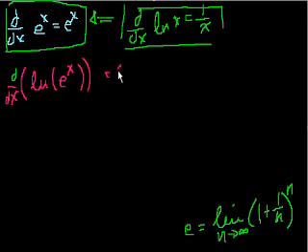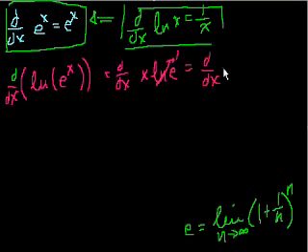So this is equal to the derivative of x ln of e. And this is just saying e to what power is equal to e? Well, to the first power, right? So this just equals the derivative of x, which we have shown is equal to 1. Hopefully we've shown it. If we haven't, that's actually a very easy one to prove.